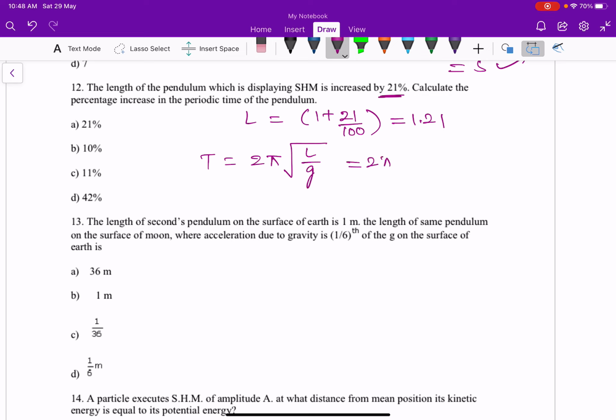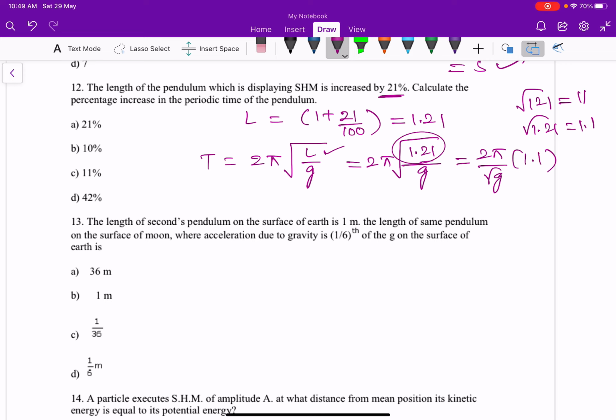So 2 pi under root of 1.21 L by g. So that is 2 pi by root g into root 1.21, and root 1.21 is nothing but 1.1.